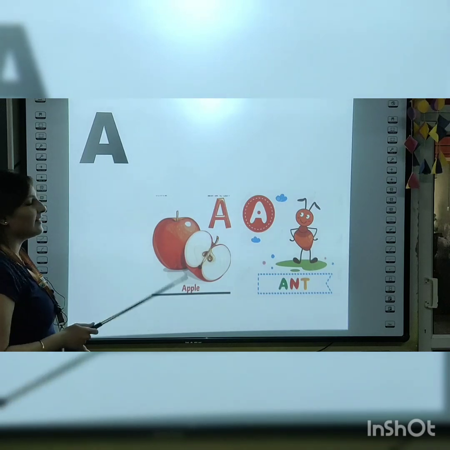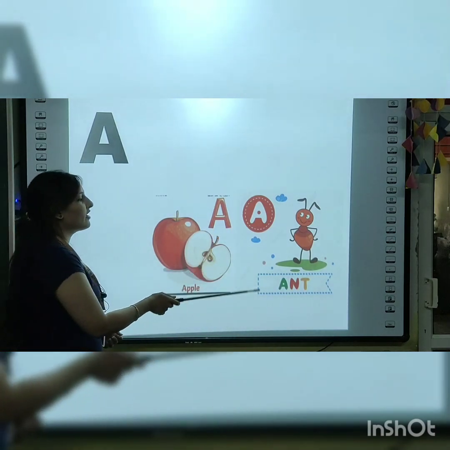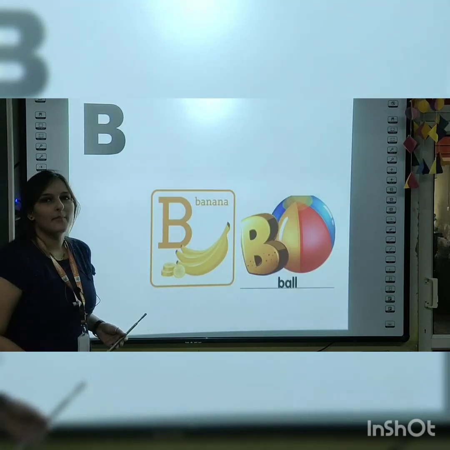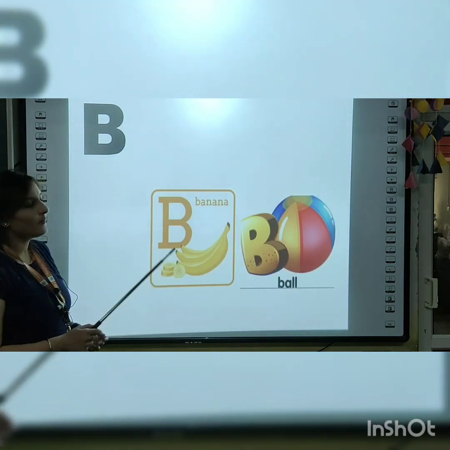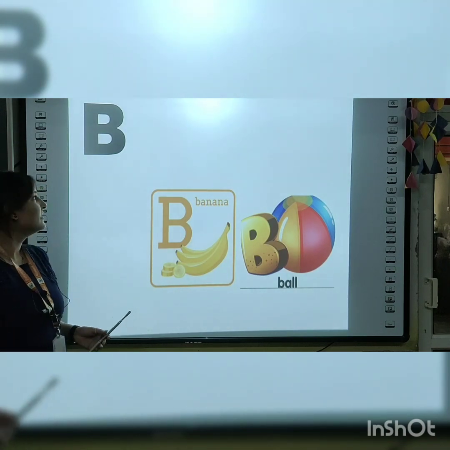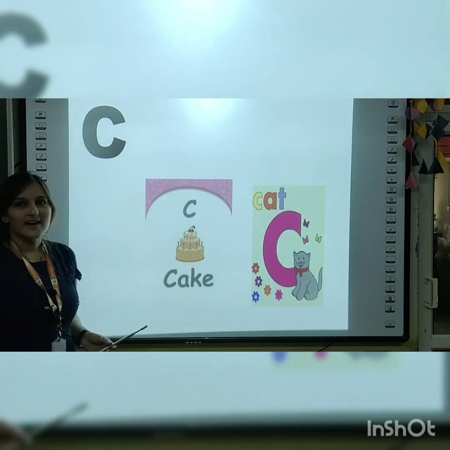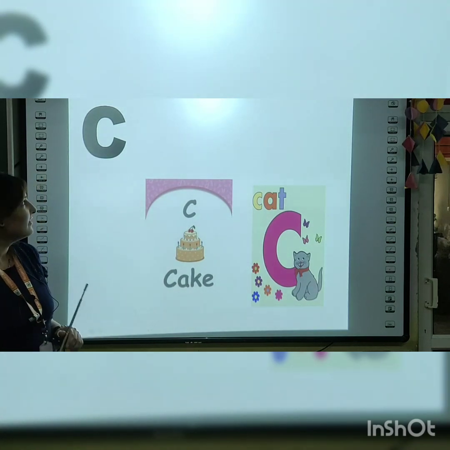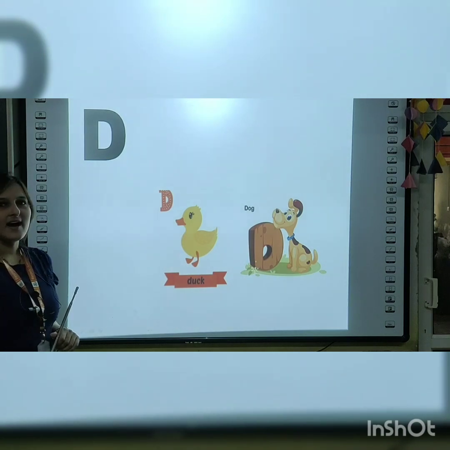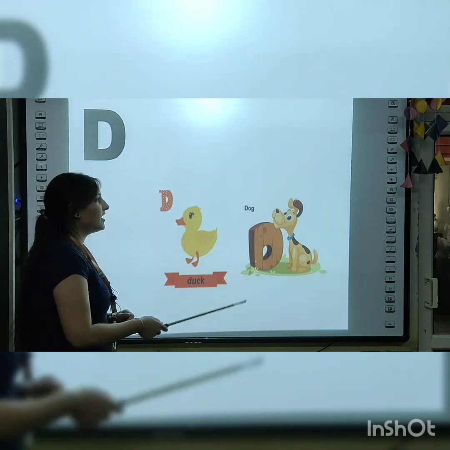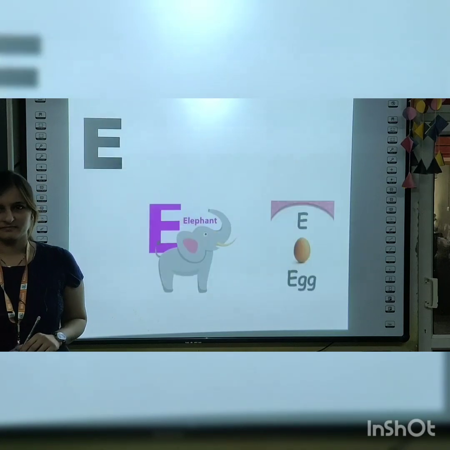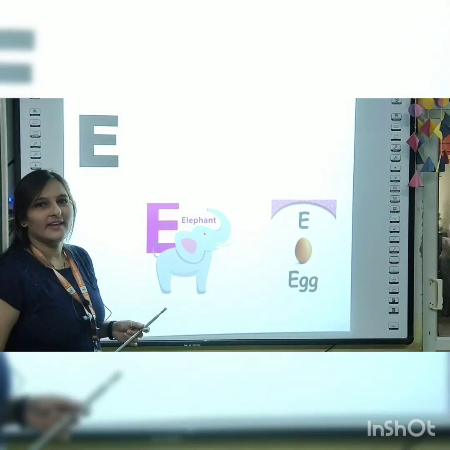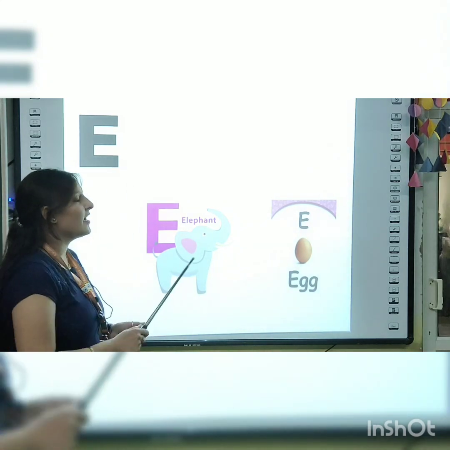A for apple, A for ant, B for banana, B for ball, C for cake, C for cat, D for duck, D for dog. Listen. E for elephant, E for egg.